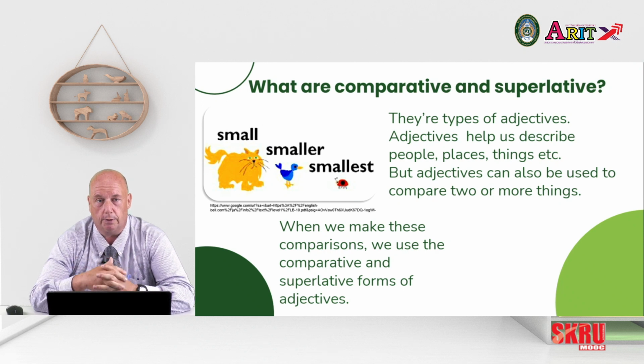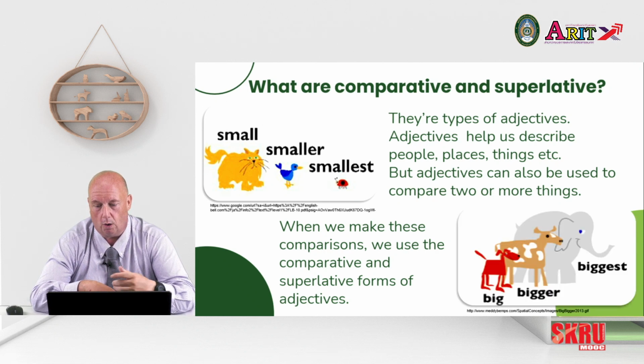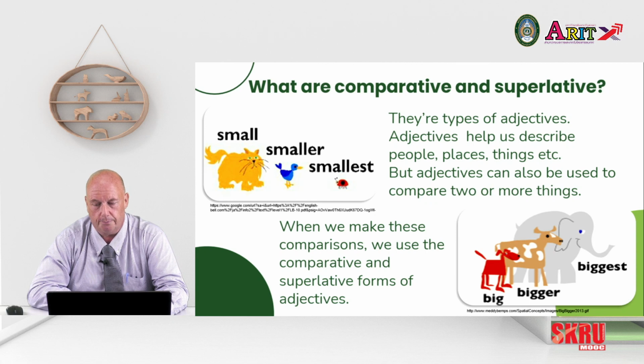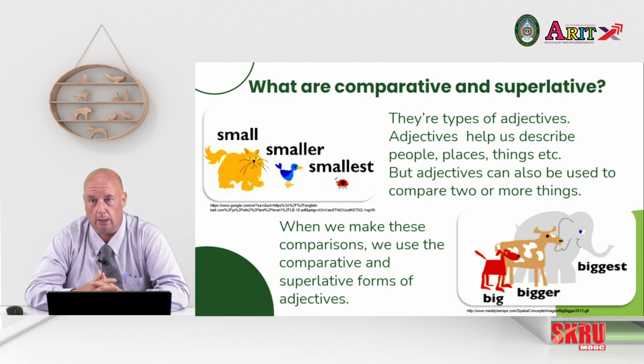So it's the extreme, the superlative. Or big: the dog's big, the deer's bigger, but the elephant is the biggest animal there. You need at least two things when we compare. A comparative, something to something else. The superlative, the most out of many things.